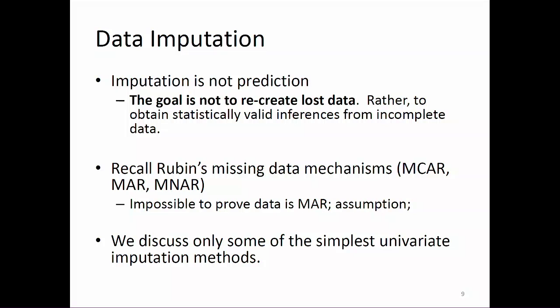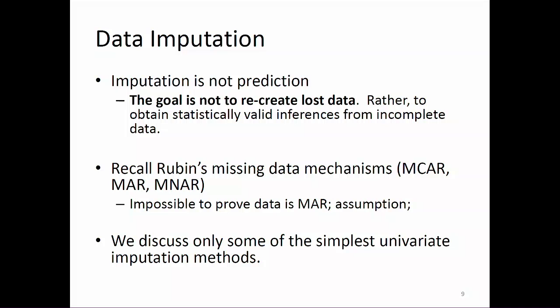The goal isn't to recreate lost data, okay? You're not trying to fill in the blanks. That's not the point of imputation, right? It's a common misconception. So if you remember nothing else, the goal is not to recreate missing data.